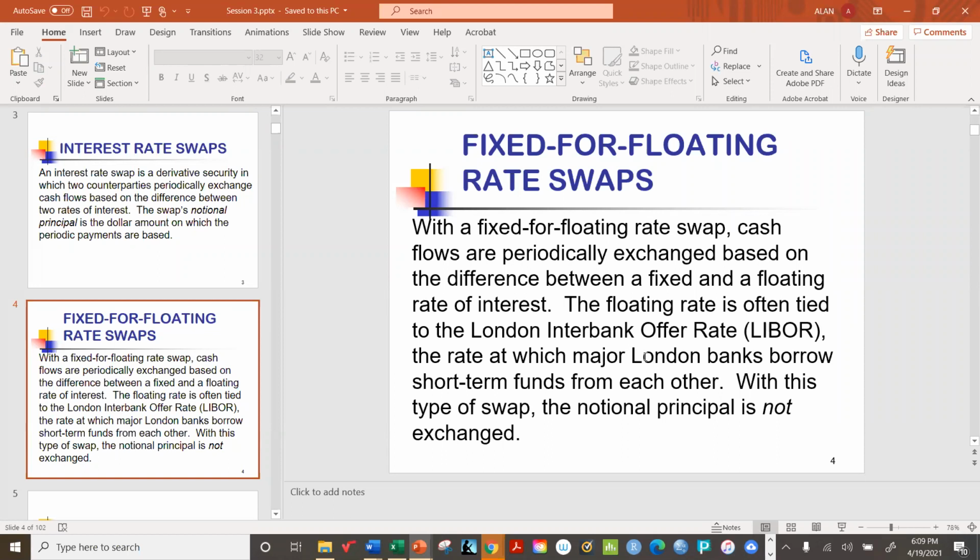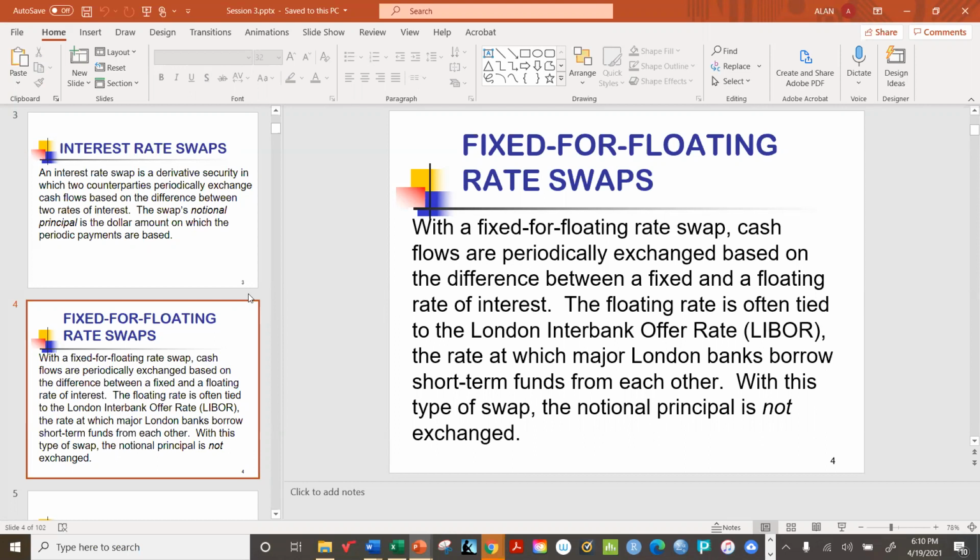The surveys would be filled out, and what they would do is they would rank them from the lowest to the highest, and they would discard the highest and the lowest. And among the 14 in the middle, they would find some kind of an average of the whole group. So it was never an actual market rate of interest. It was always some kind of an average. And I don't remember the exact details, but it was not a single rate at which you could actually borrow or lend. It was some kind of an average.